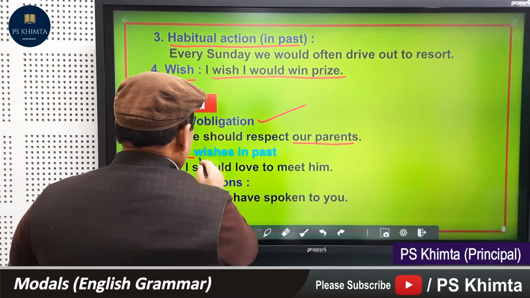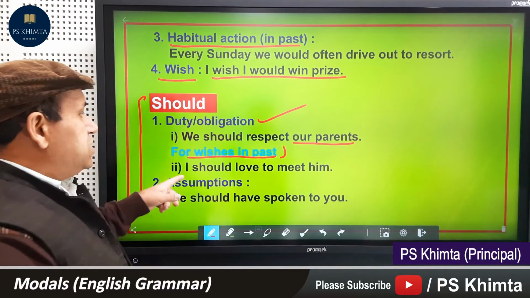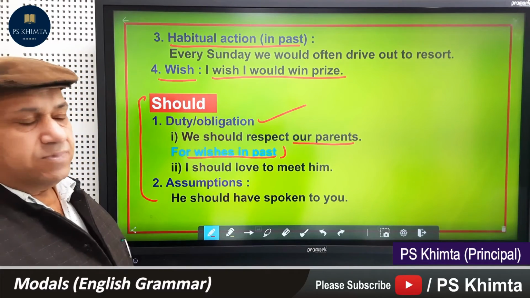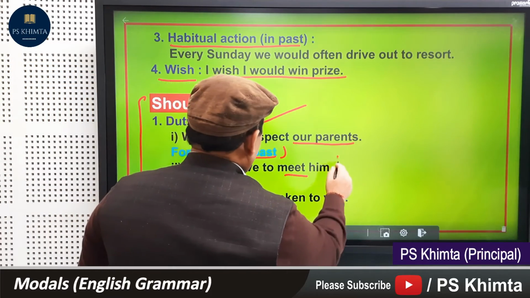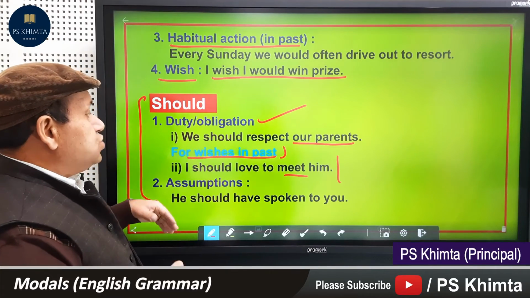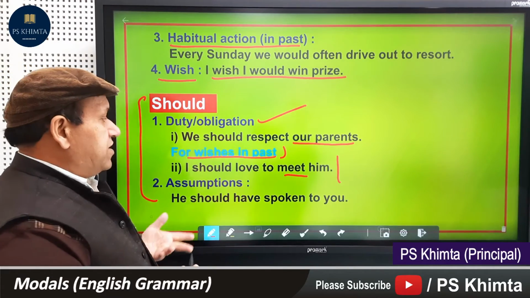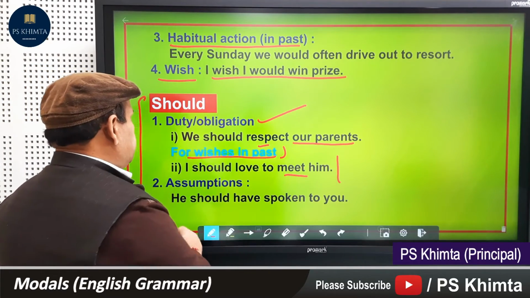Second use is wish in the past. I should love to meet him. This is some kind of wish you are showing in the past. I should love, instead of I shall, I should love, that is in the past. Should is because of the past here.